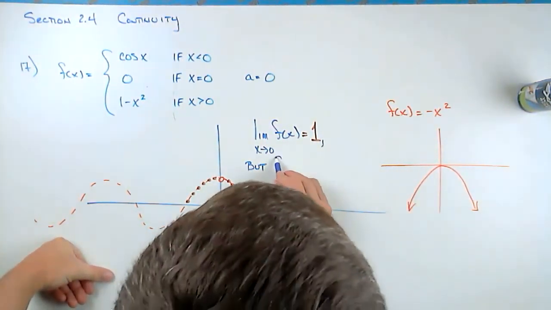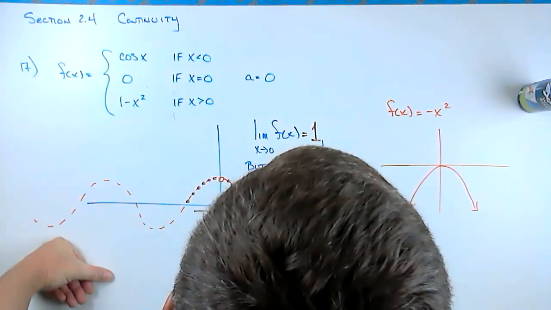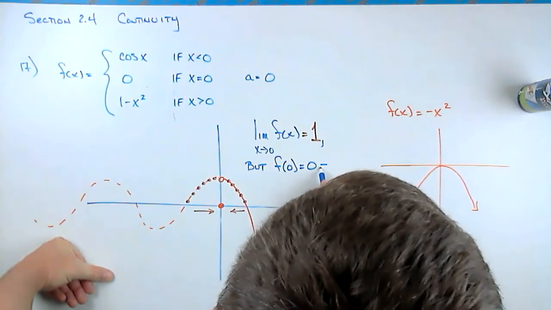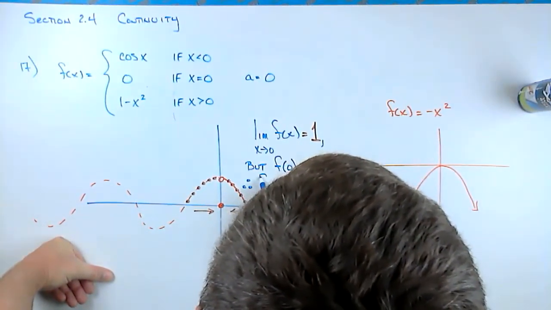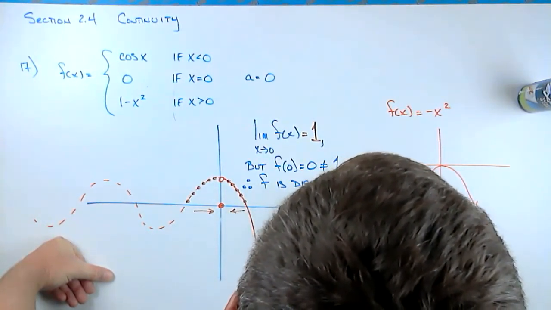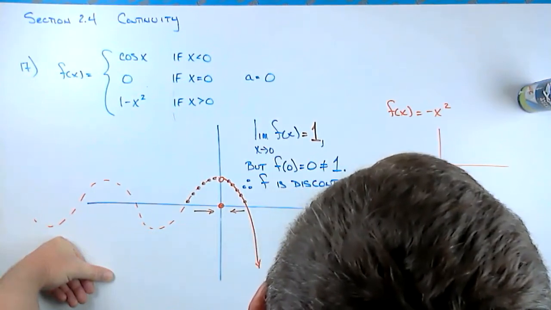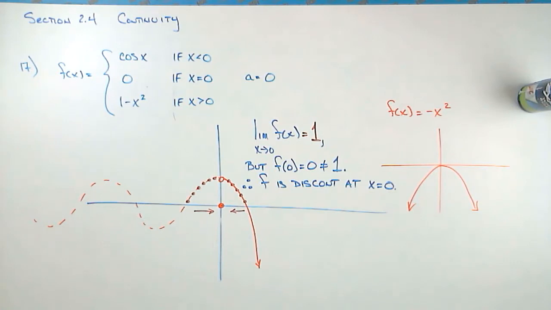But f of 0 equals 0, which is not equal to 1. Therefore, f is discontinuous at x equals 0. This is all we're expected to do, right? We draw the graph and we write a brief explanation. We don't have to make this into a 4-paragraph essay. All right, so that's problem 17.